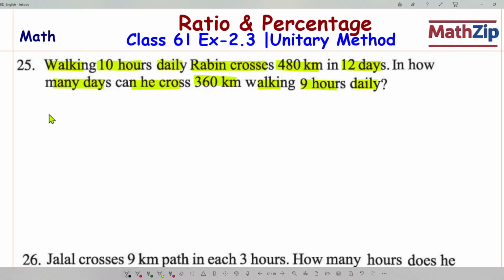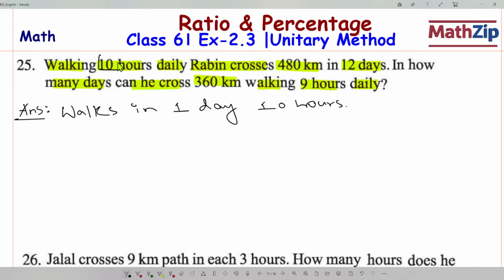So, first, in 12 days we have to find out how many hours. So Robin works, we can write, in one day 10 hours.